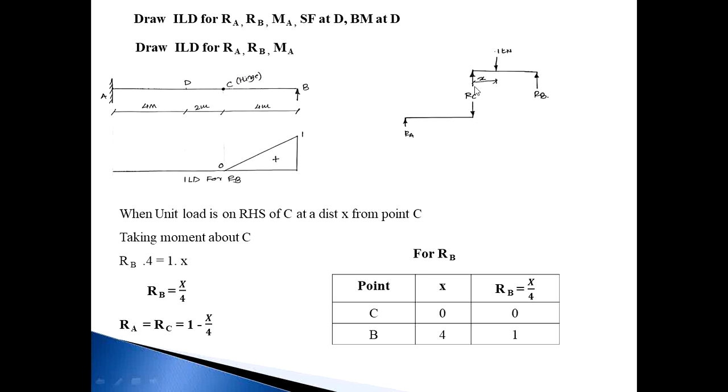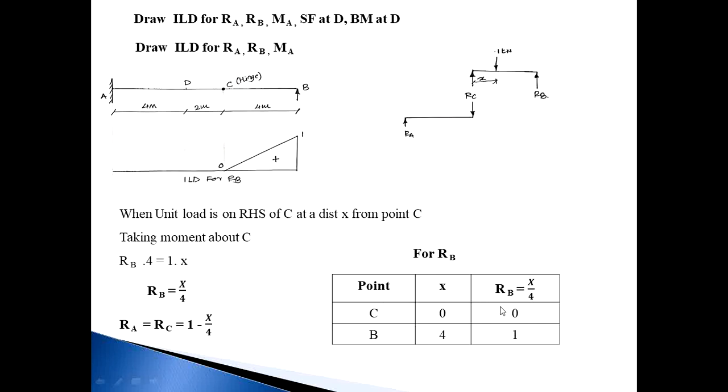If RC goes upward for beam CB, then RC applies downward on beam AC. Whatever the load on beam A to C, the total load is taken by support A. So RA is equal to RC, which is 1 minus X by 4, that is 1 minus RB.